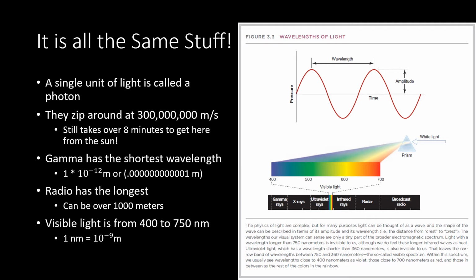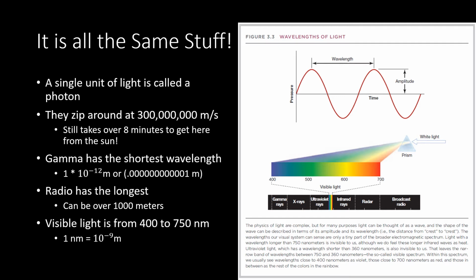Now, you'll find gamma rays on the shortest wavelength side of the spectrum, and these are generally on the order of 1 times 10 to the power negative 12 meters, or here I've given you the decimal as well, or a thousandth of a nanometer, sometimes called a picometer. On the complete other side, you have radio, and radio has enormous wavelengths, sometimes up to a kilometer or greater.